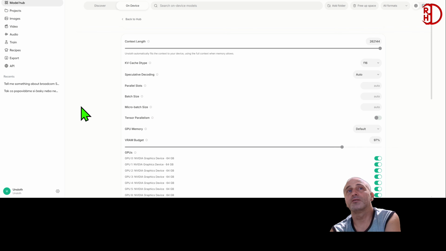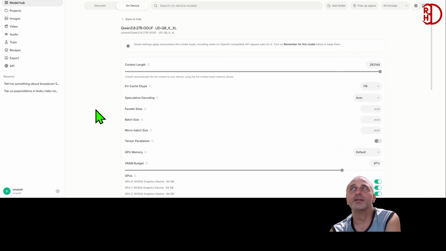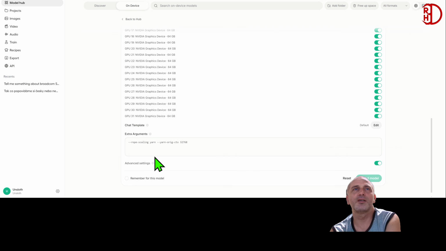You can see 97% budget I've used. I allowed all GPUs to go there, but it ended up with just one. I didn't do anything. You can have maybe some extra arguments.